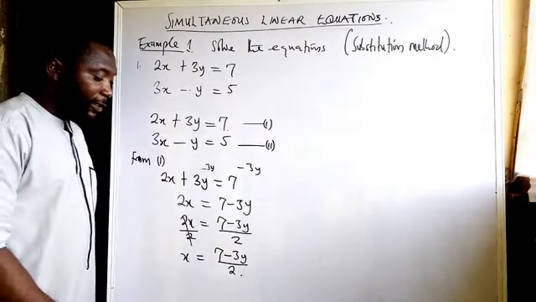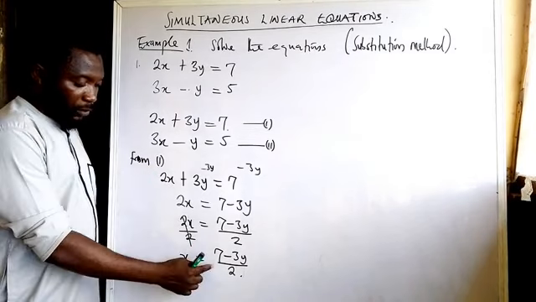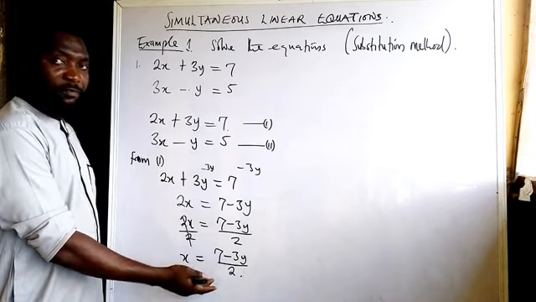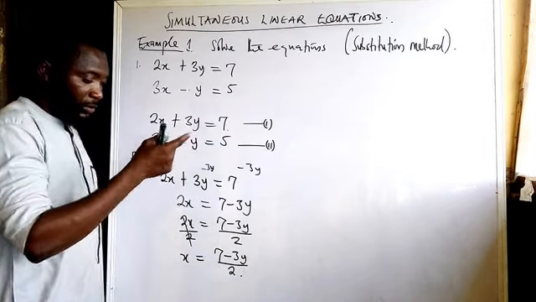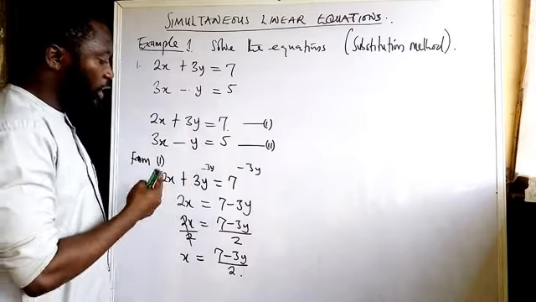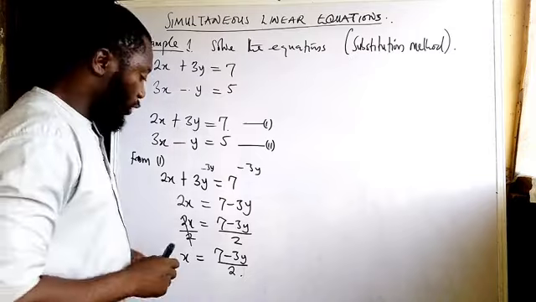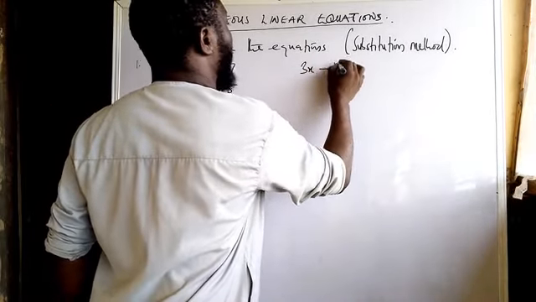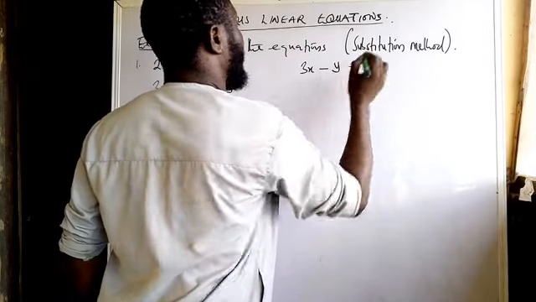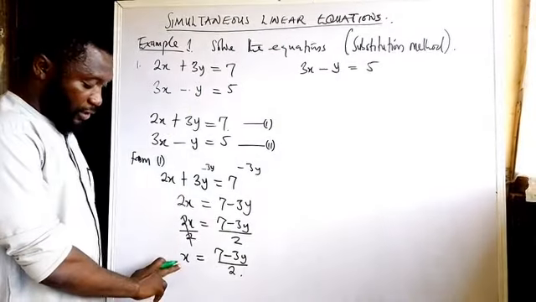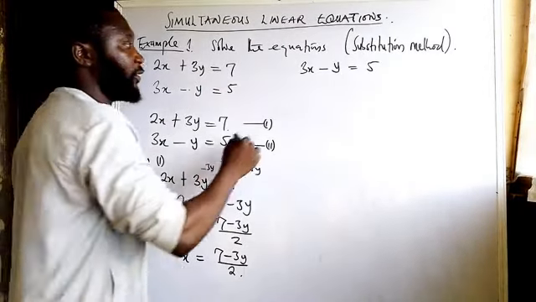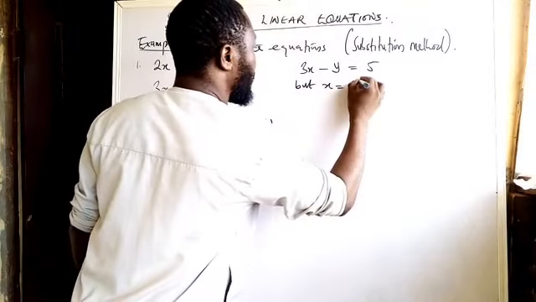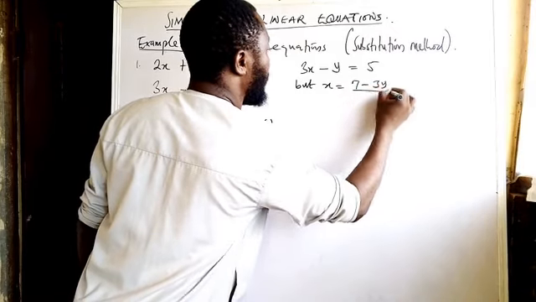As I said earlier, from equation 1, we got this. The result you got when you rewrote your equation 1 will now be substituted, or put, in equation 2. Now, where's our equation 2? We have 3x minus y equals to 5. But you can see x equals 7 minus 3y over 2.